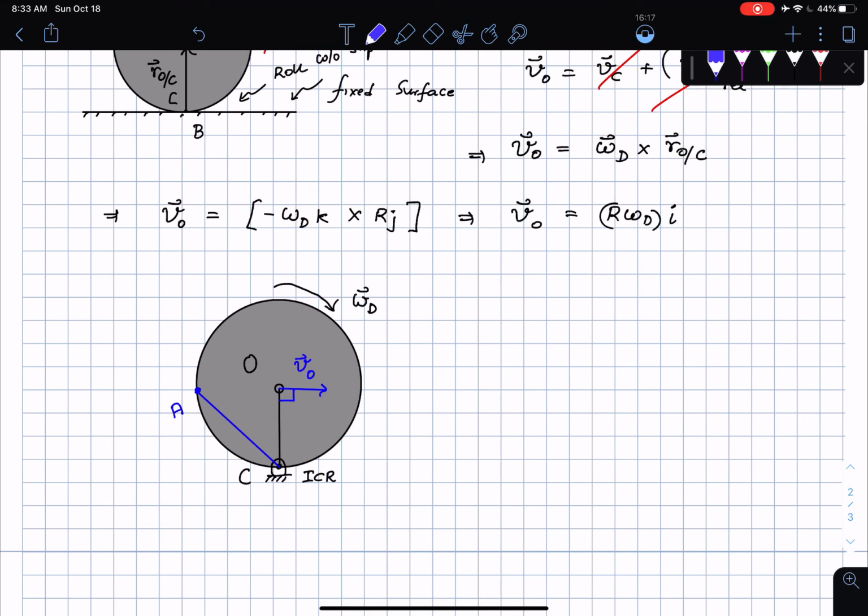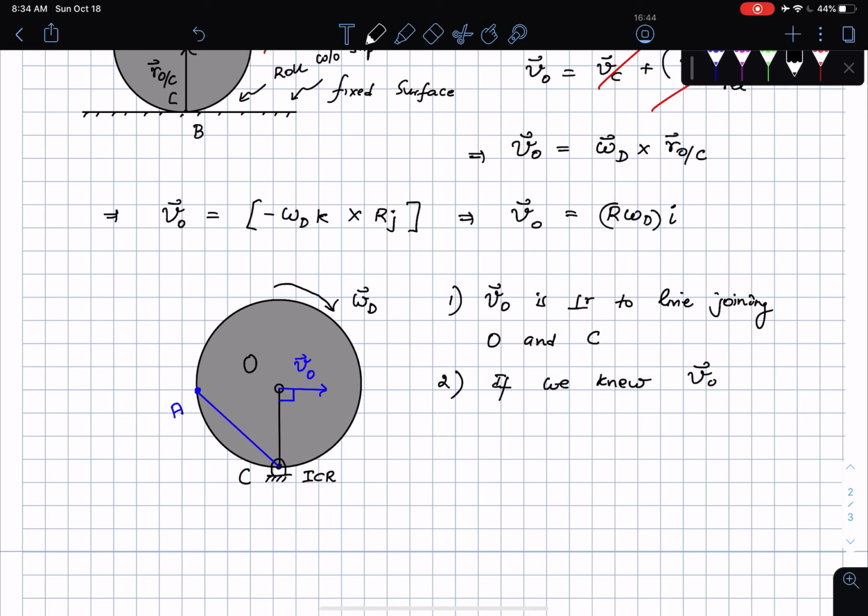And if I use the following, okay, look at this. Maybe let me write this down. So I know first of all that the velocity of O is perpendicular to the line joining O and C, and I can actually find out the direction of the angular velocity if I know the velocity of O. So if we knew velocity of O and if C was the ICR, we can find the direction of omega, okay, just by making use of the right hand rule.